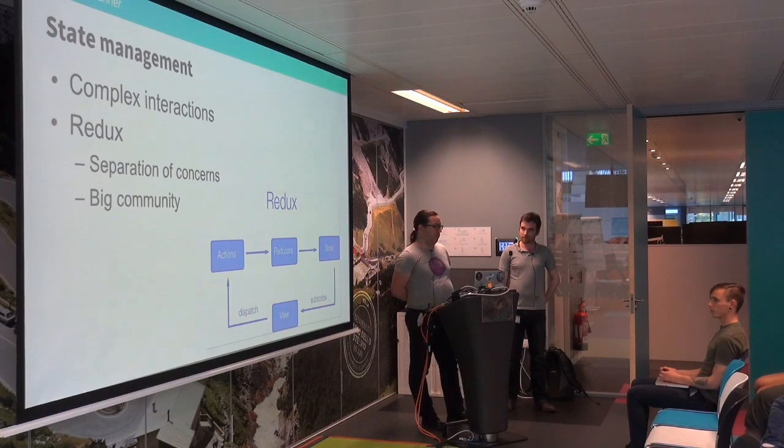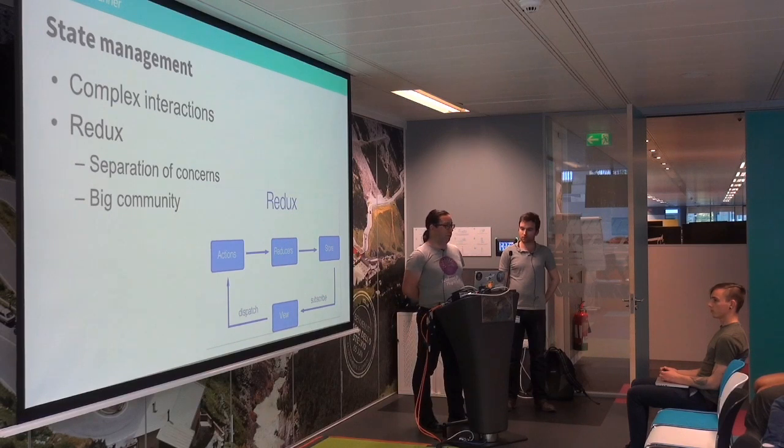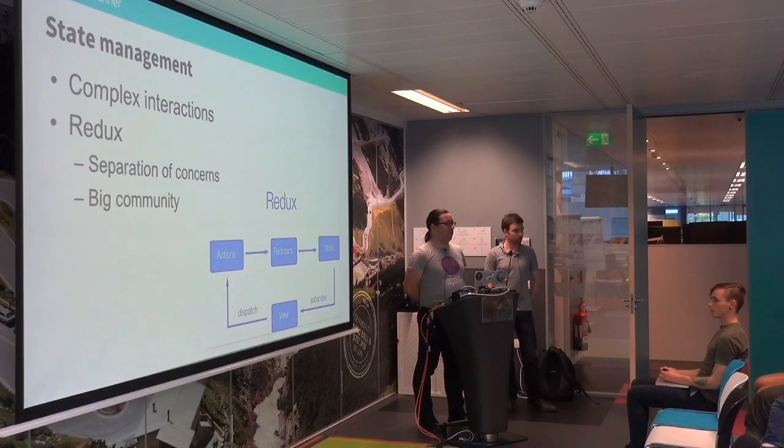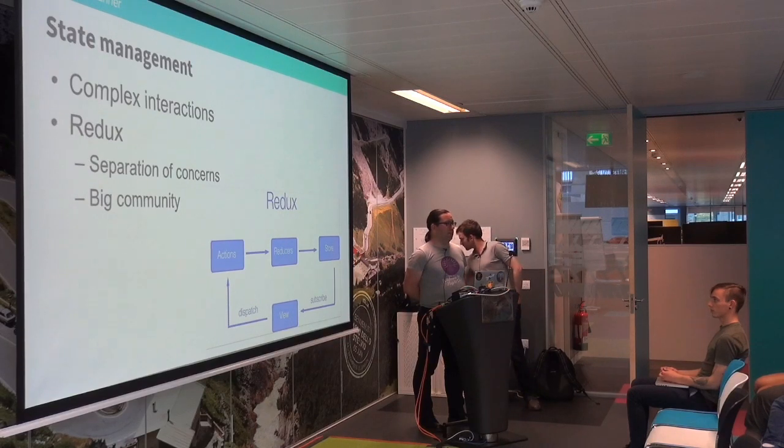So what we decided to go with was Redux, which is another framework for doing state management. And one of the reasons we wanted it is that it requires you to kind of formalize everything into specific actions. And we really wanted to use that to codify what all the interactions that could actually happen in the month view were. So there's a clear abstracted out system saying this is what can happen, this is the effect it can have.